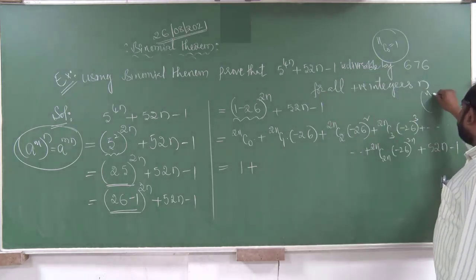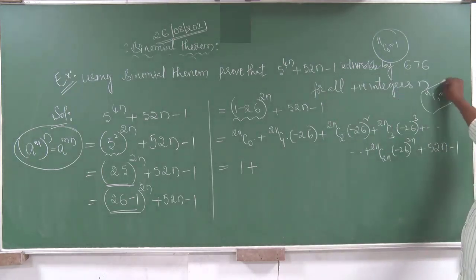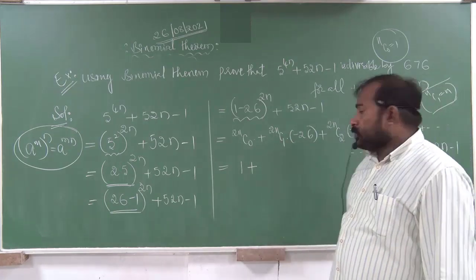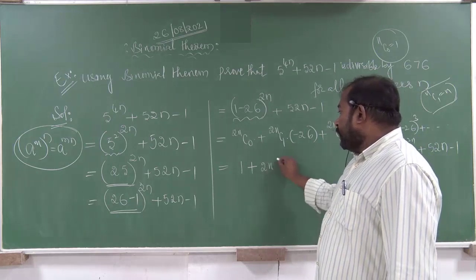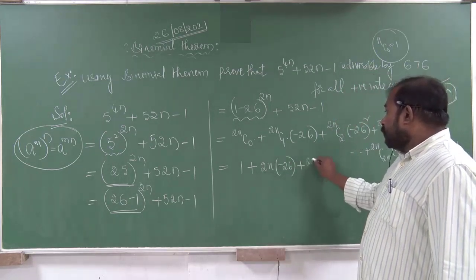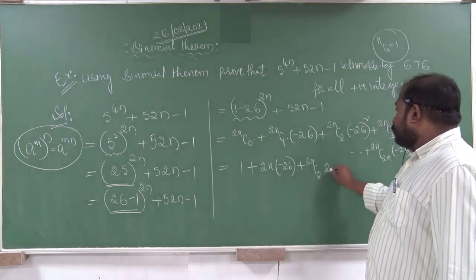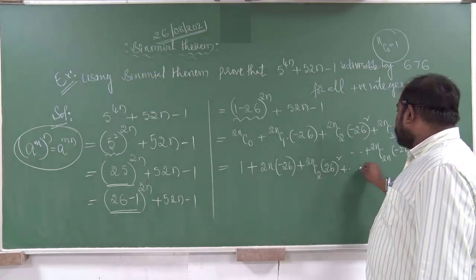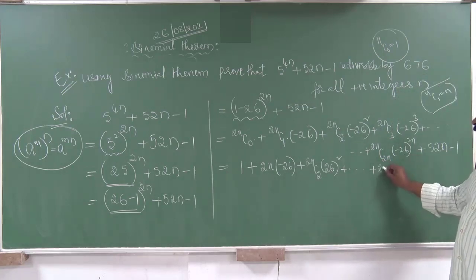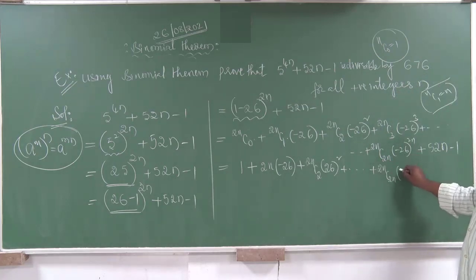What is nc1? nc1 is equal to n, but of course in place of n, 2n is there. So here I get 2n into minus 26, plus the next value 2nc2 into 26 square, and so on, plus the last value 2nc2n 26 whole power 2n, plus 52n minus 1.